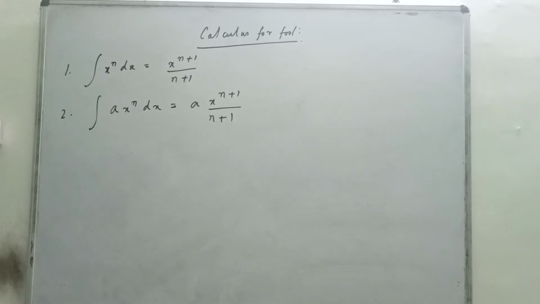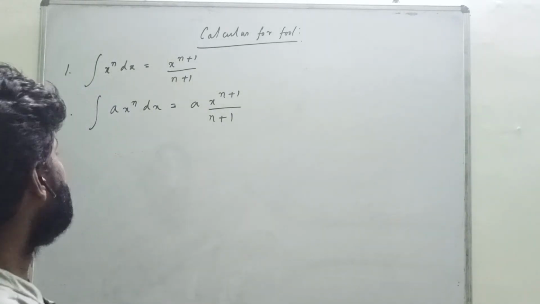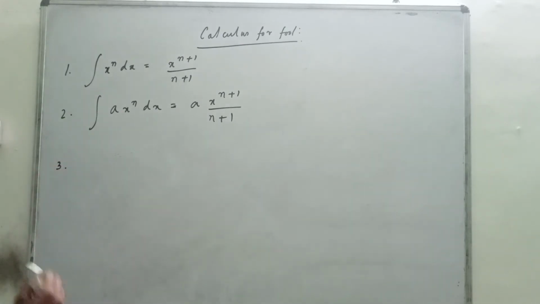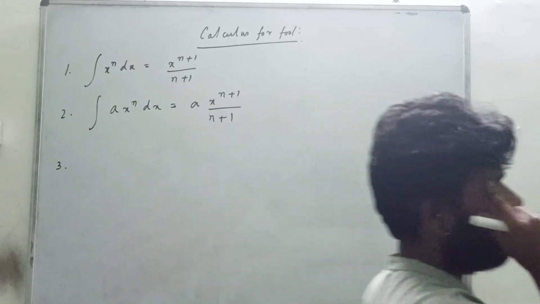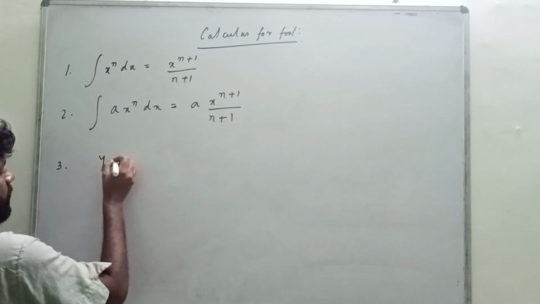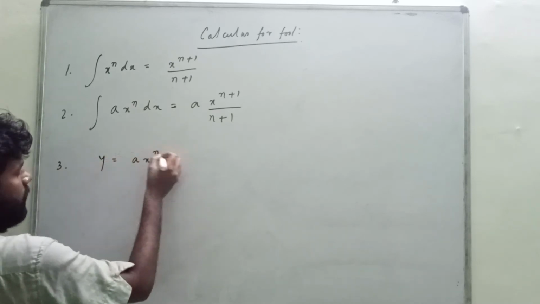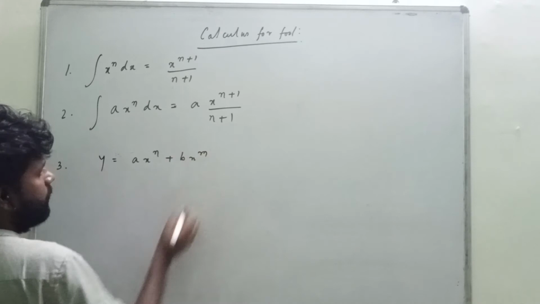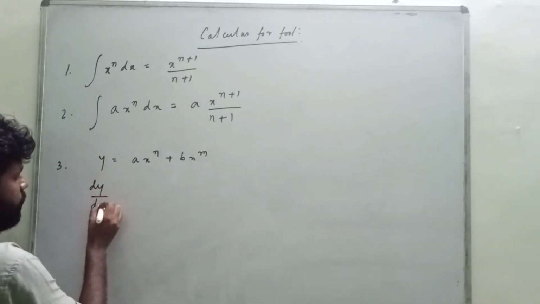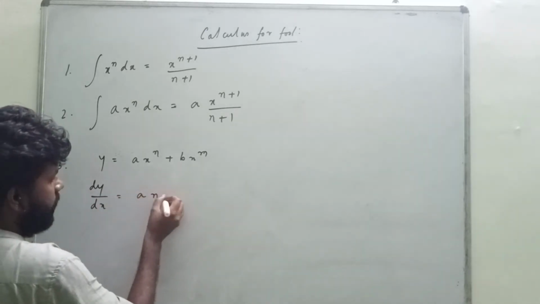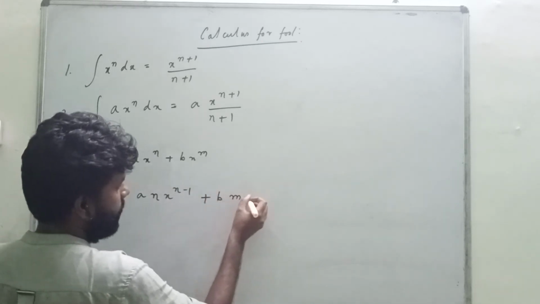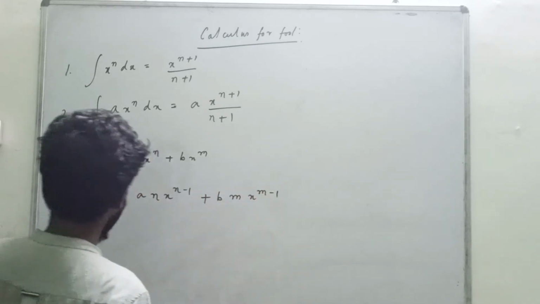Now, the last formula, the third formula of dy over dx, was probably if y is a x power n plus b x power m, then dy dx goes to a n x power n minus 1 plus b m x power m minus 1.